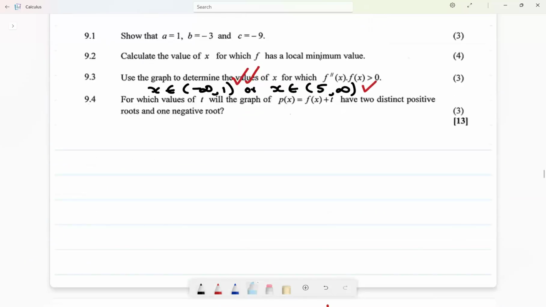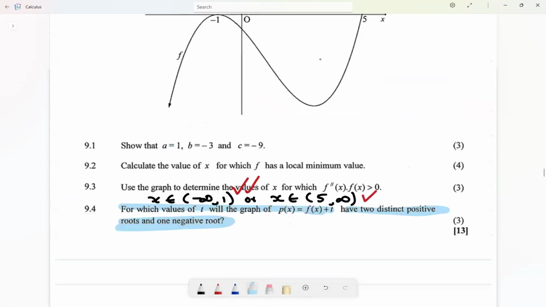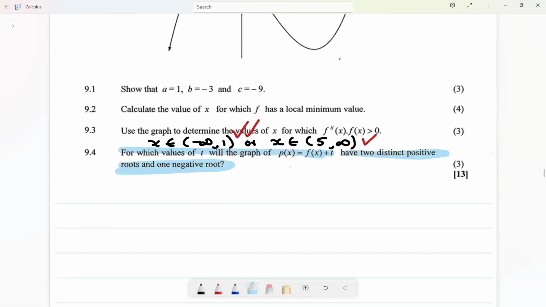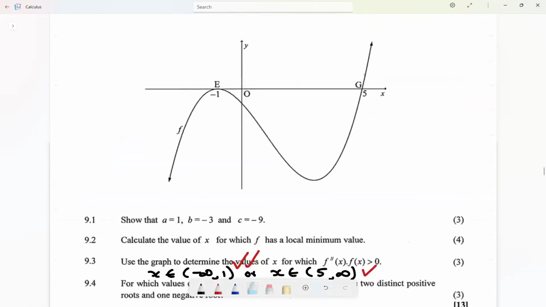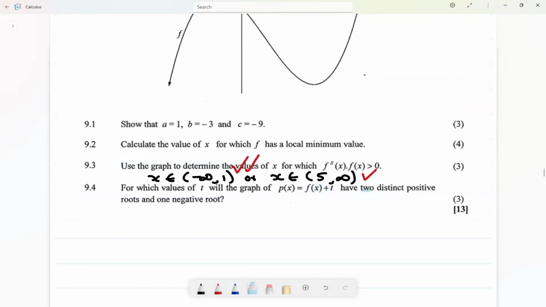So the last question that is very interesting for students, it says, for which values of t will the graph of p of x, which is equal to f of t, have 2 distinct positive roots and 1 negative root? So distinct means different positive roots, guys. So how can we get this graph of ours to have 2 positive roots and 1 negative root?